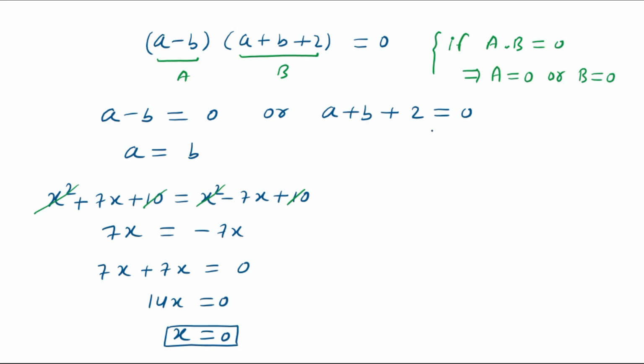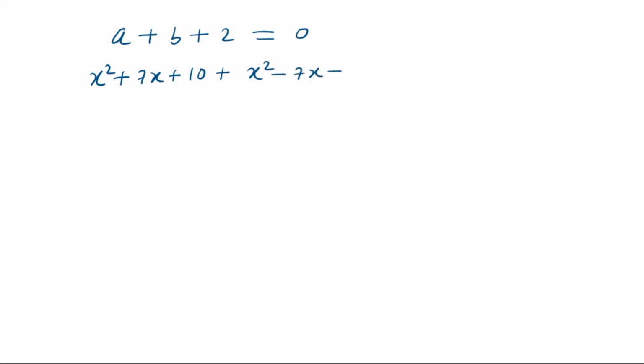Now a plus b plus 2 is equal to 0. The value of a is x square plus 7x plus 10, plus the value of b is x square minus 7x plus 10, plus 2, and this is equal to 0.